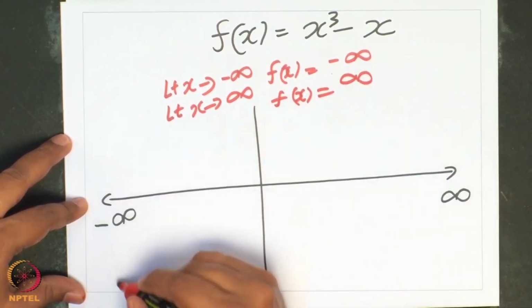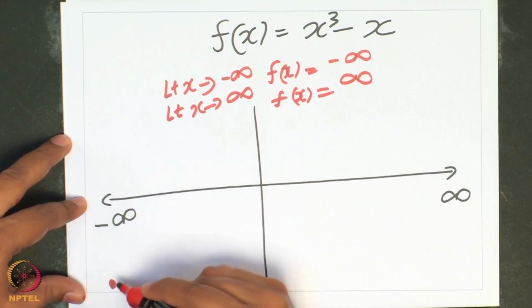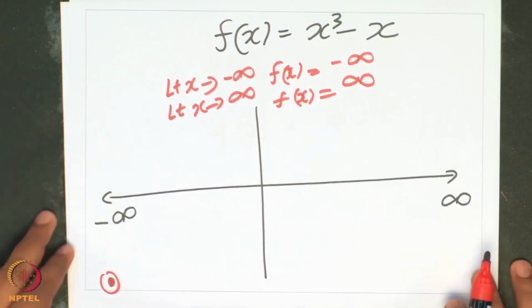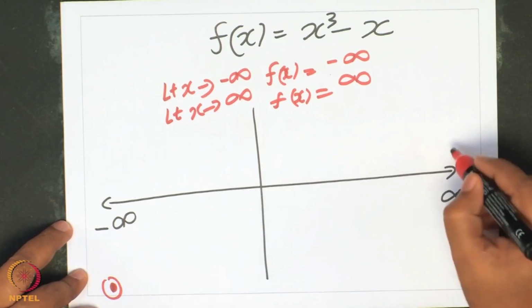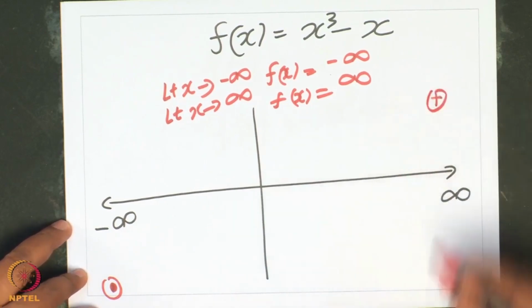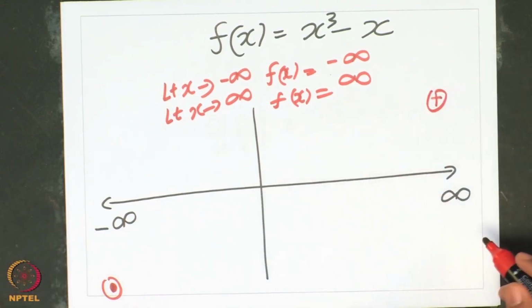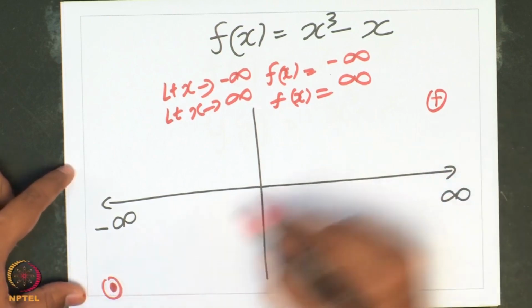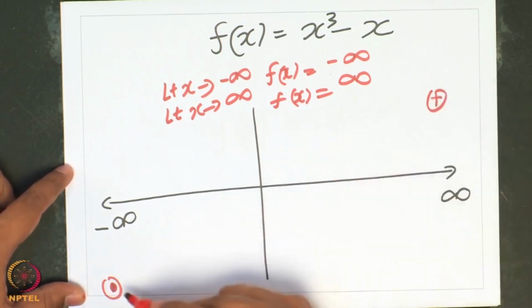So, here the value is some large negative number. This is my starting point, and as x goes to infinity, here I will have a large positive value. So, I have to grow from here to here.